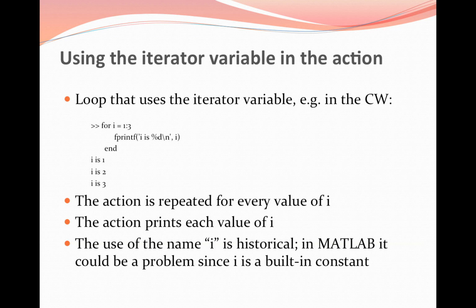But if you're not going to use the value of the square root of -1 in your code, it's okay to use i and j as loop variables in MATLAB. So this was an example of a loop in which the value of the loop variable i is actually used in the action.